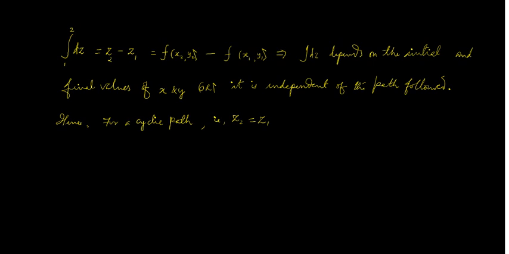Therefore, I can represent the integral by putting a circle over the integral. This is what is known as a closed integral. We call it a closed line integral, because the boundaries are two points and it is a line integral here. Closed integral of dz means the integral of dz over a closed cyclic path.